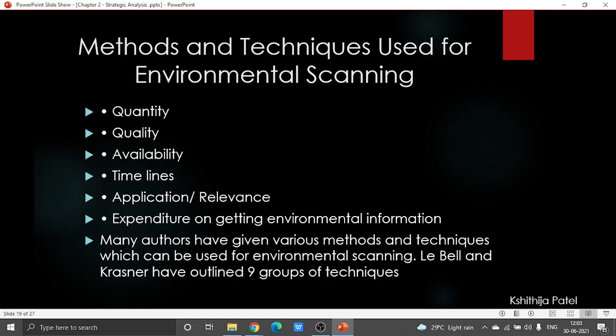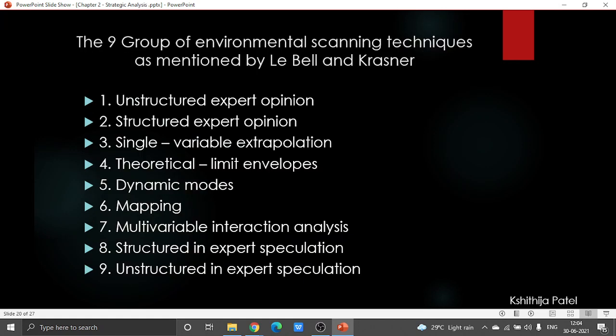Now there are many authors, and among these authors, two of them, Liebel and Kranzer, have outlined 9 groups of techniques. And those 9 groups are, first one being unstructured expert opinion. The second one is structured expert opinion.